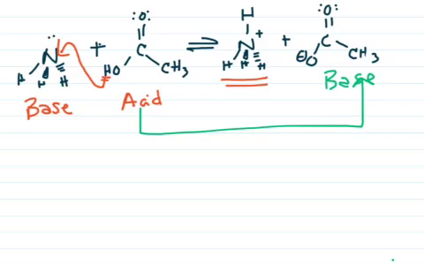While for the ammonium, it has one more hydrogen and one less negative charge, so it is known as the acid. So when we write this out, we have NH3 as the base with a conjugate acid of NH4+.